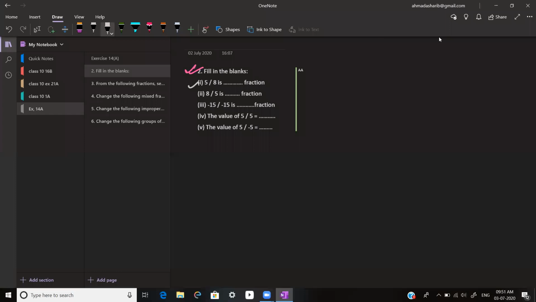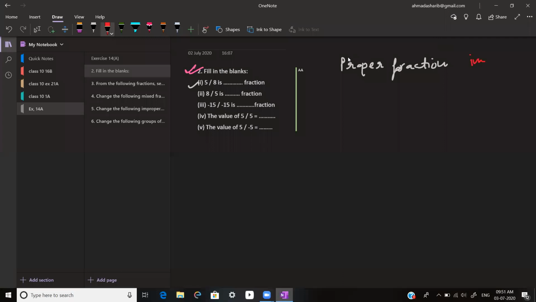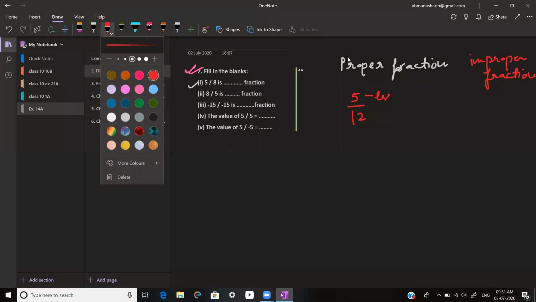Students, now I'm going to tell you what a proper fraction is and what an improper fraction is. A proper fraction is a fraction in which the numerator is lesser and the denominator is larger.